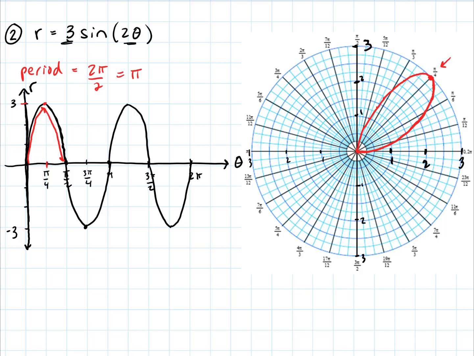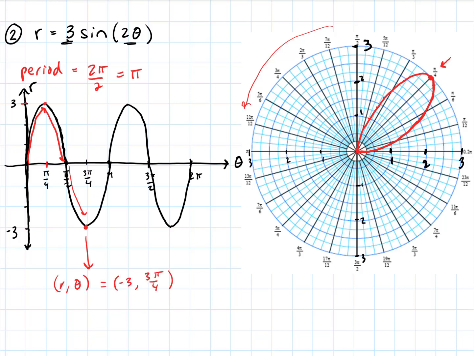Now what's going to happen? Well, as we continue to increase from pi over 2, as we're in this quadrant from pi over 2 to pi, notice that the radius is actually negative. So when we get here to 3 pi over 4, we actually have a negative radius of 3. This point right here would correspond to the r, theta point of -3, 3 pi over 4.